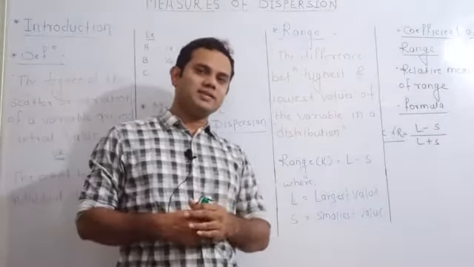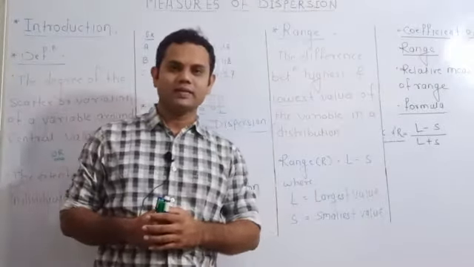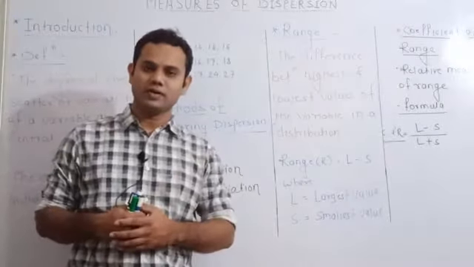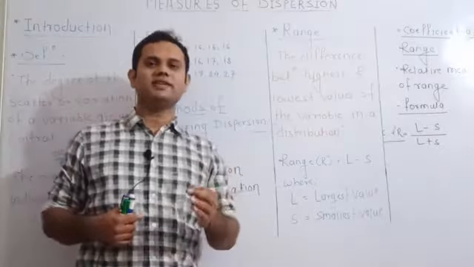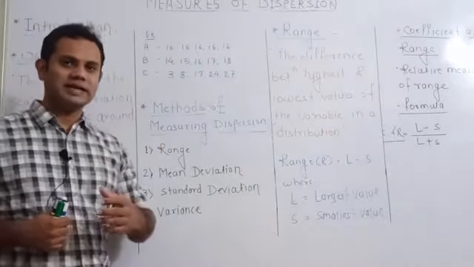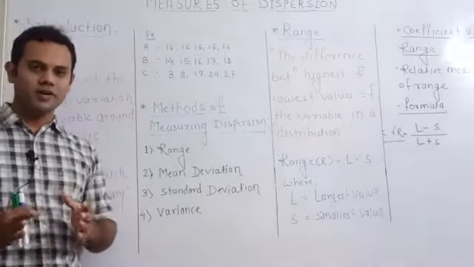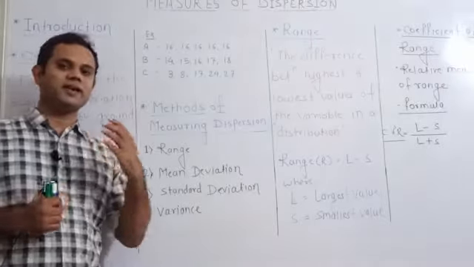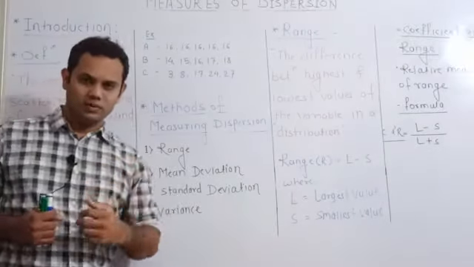Then we learned the first concept in biostatistics or computational botany, that is measure of central tendency. So what is measure of central tendency? It is a representative value which represents the entire set of observations.